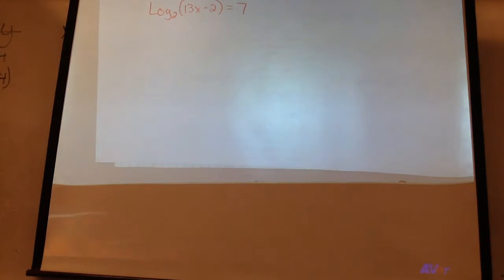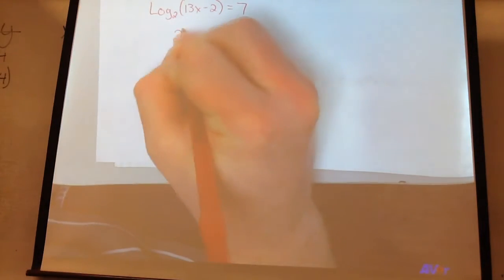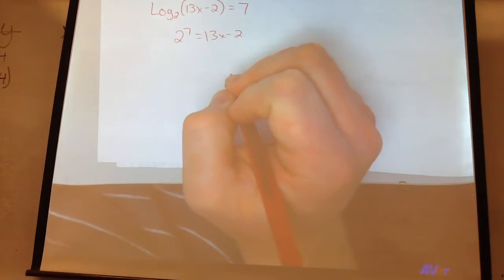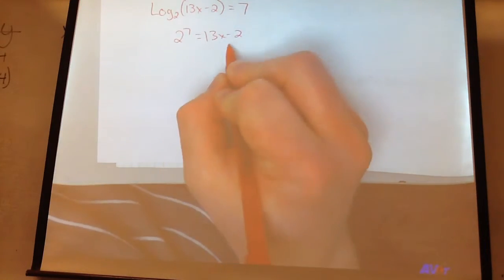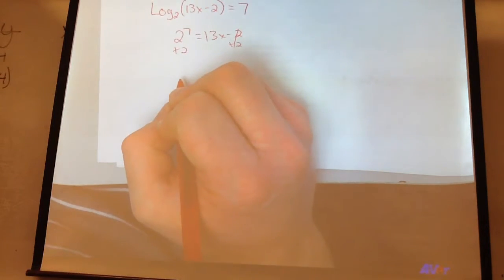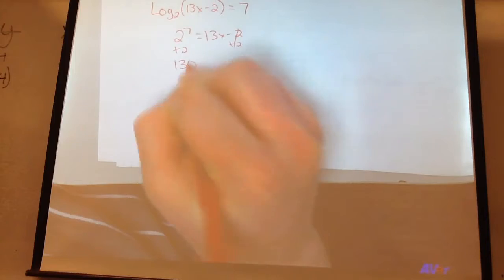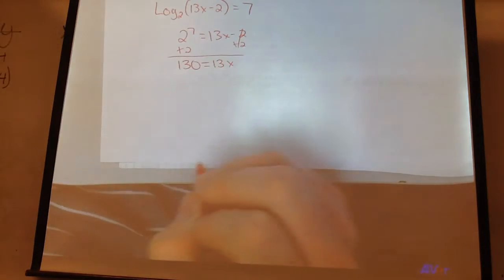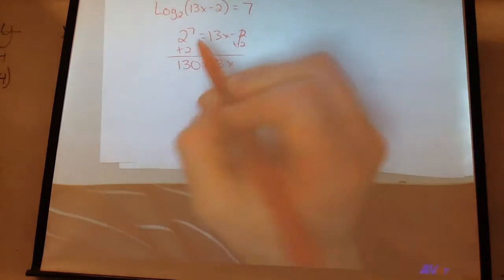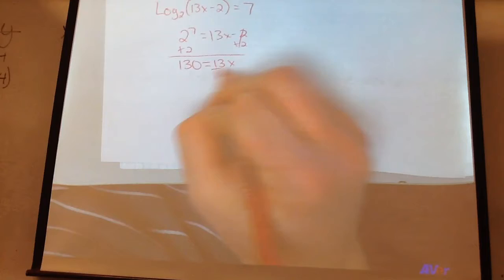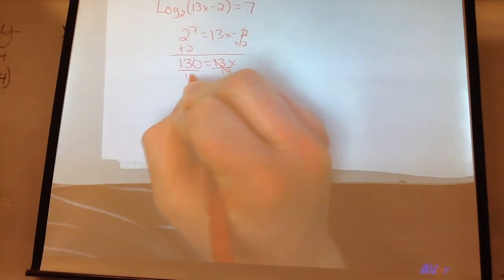Then add 2. What's 2 to the 7th plus 2? 2 to the 7th is 128, plus 2 is 130. Divided by 13. X is 10. X equals 10.